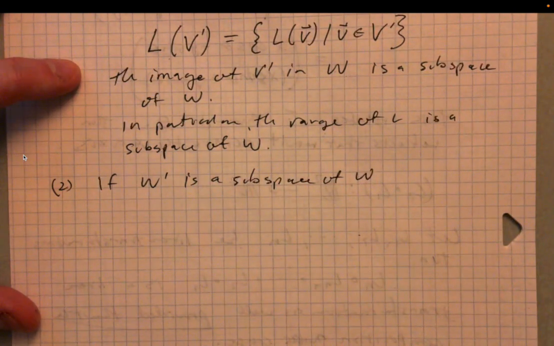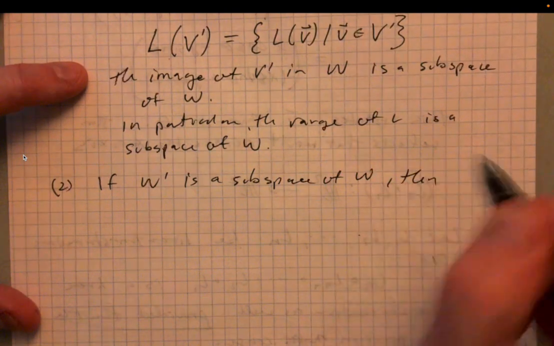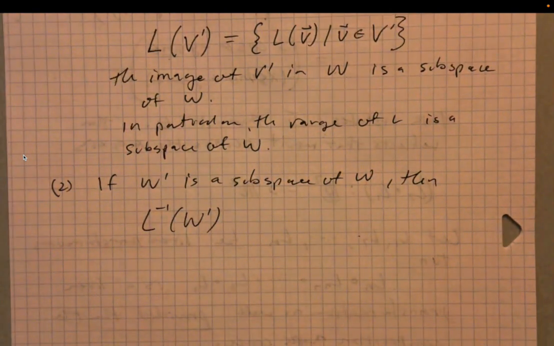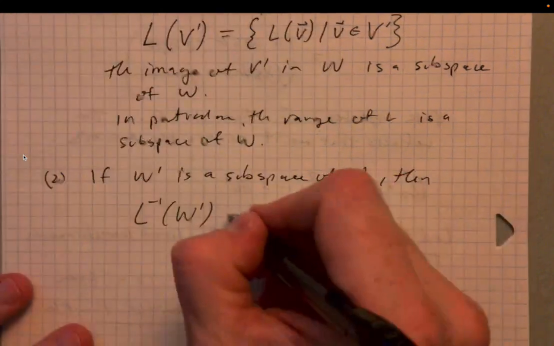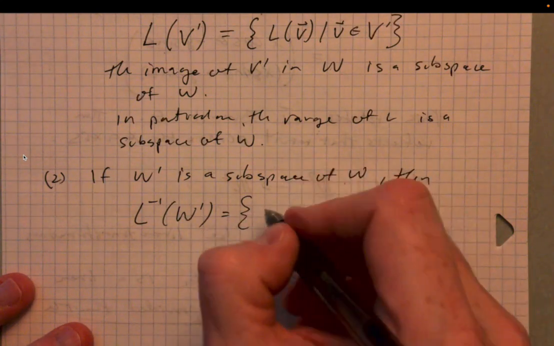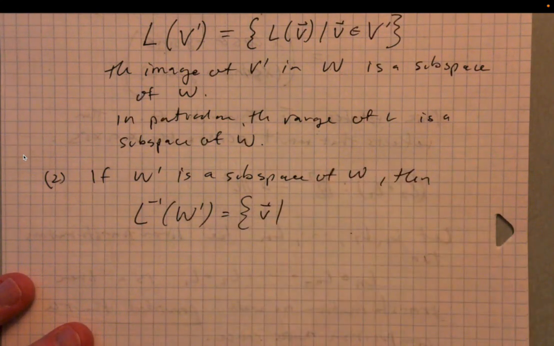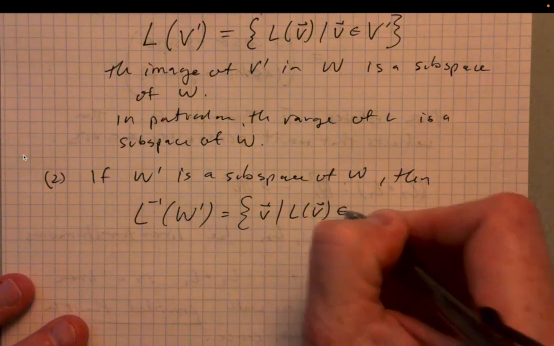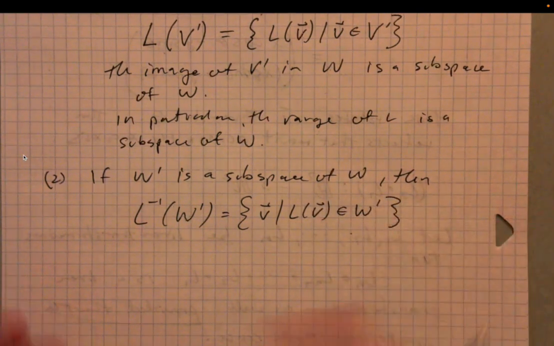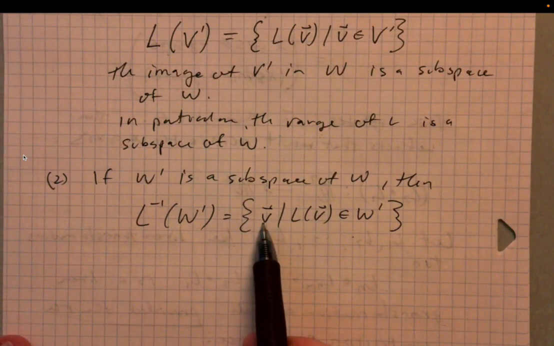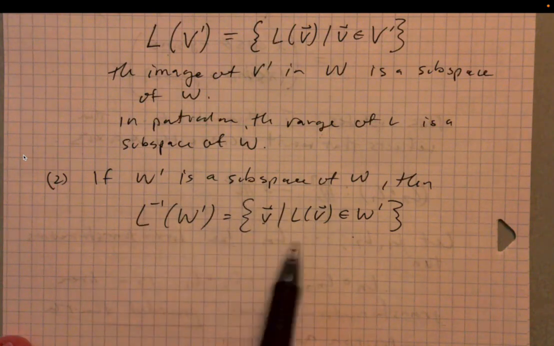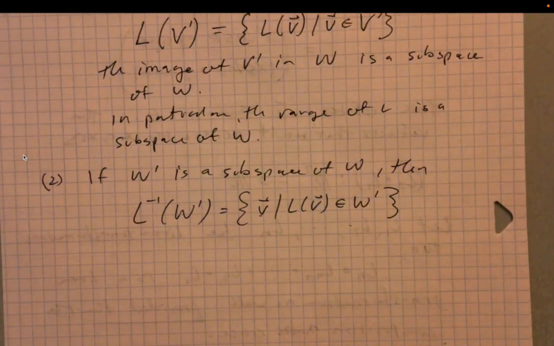If W prime is a subspace of W, then L inverse of W prime, the linear transformation going the other direction, is equal to all of the vectors v such that L of v is a vector in W prime. Okay, so these are in V, and their images are obviously in W prime, because I'm reversing the linear transformation.